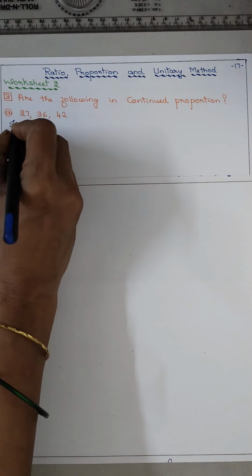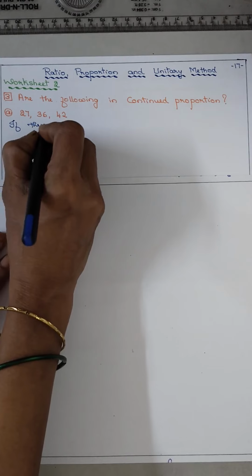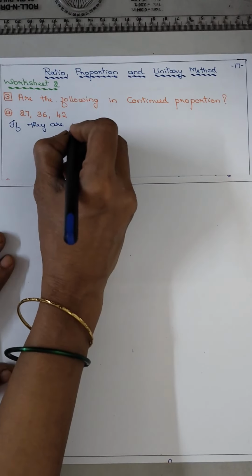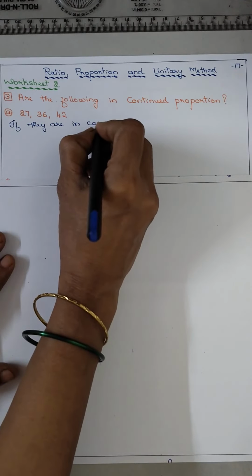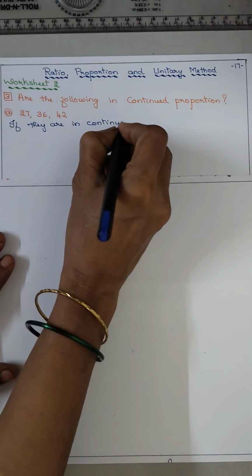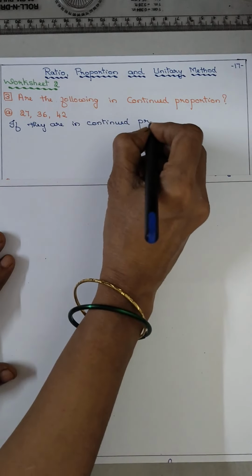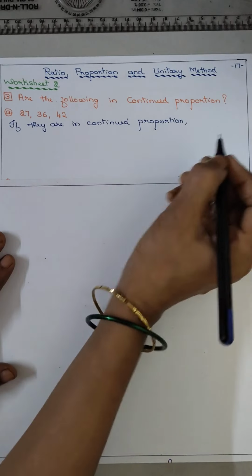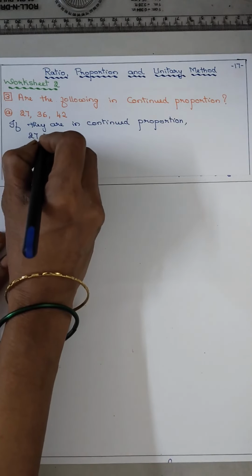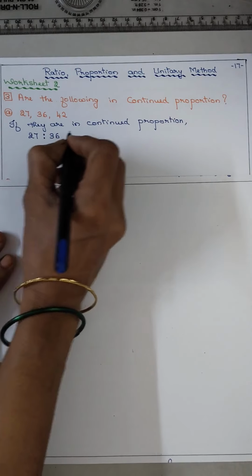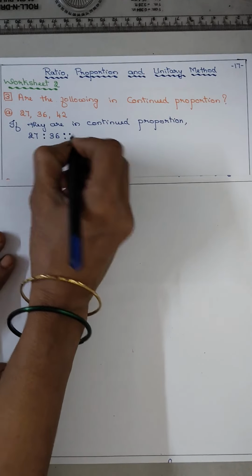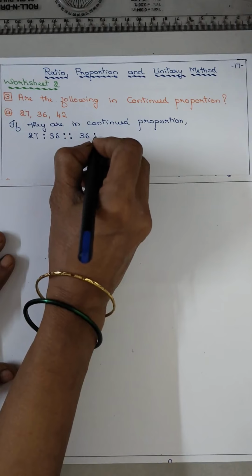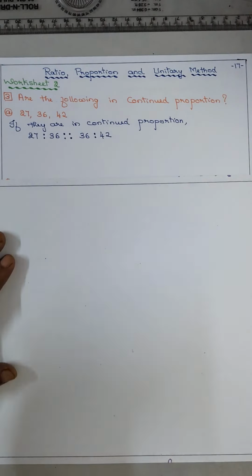So first we will write, if they are in continued proportion, they will be 27 is to 36 in proportion 36 is to 42.